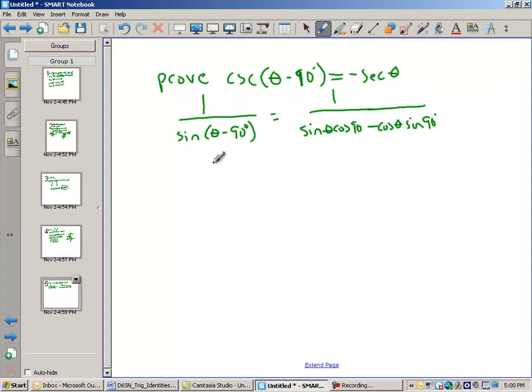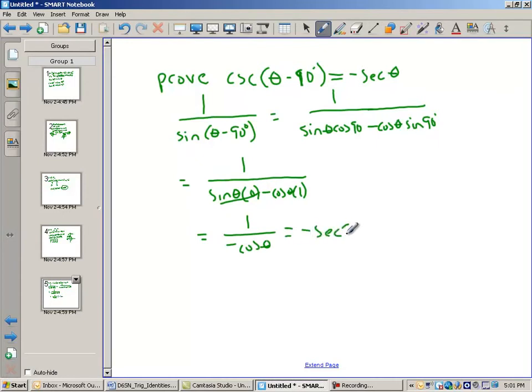And let's see what we can answer here. Cosine of 90 degrees, I'm not going to draw my triangle here, but the cosine of 90 degrees is 0. And then the sine of 90 is equal to 1. So this is 1 over negative cosine theta, which is equal to negative secant theta.